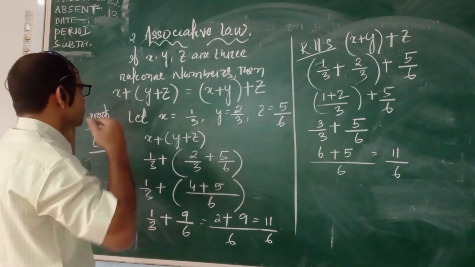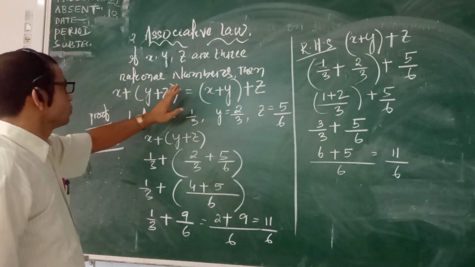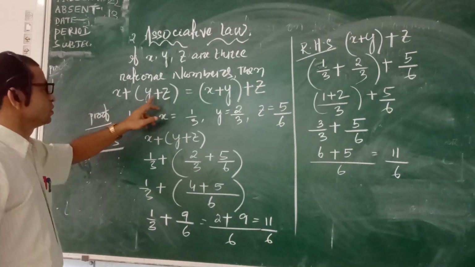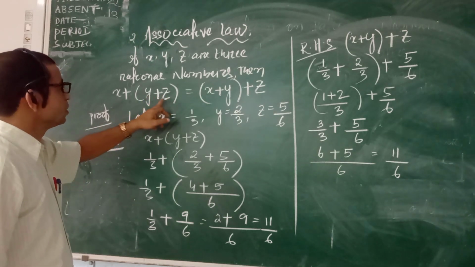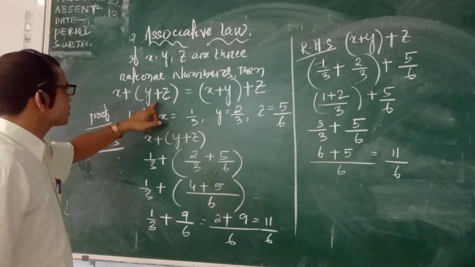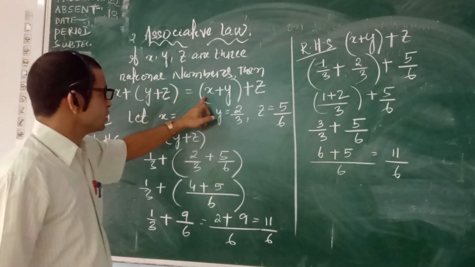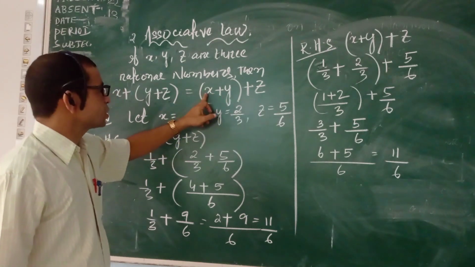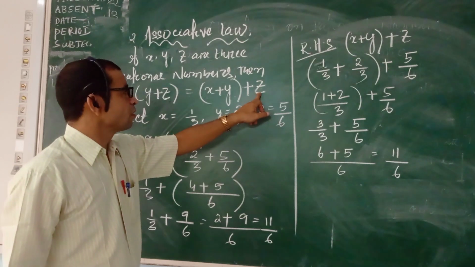Again, I am repeating, whenever we write the associative law, x plus y plus z, pay attention: in the LHS, y plus z is inside the bracket and x is outside, whereas in the RHS, x plus y is inside the bracket and z is outside.